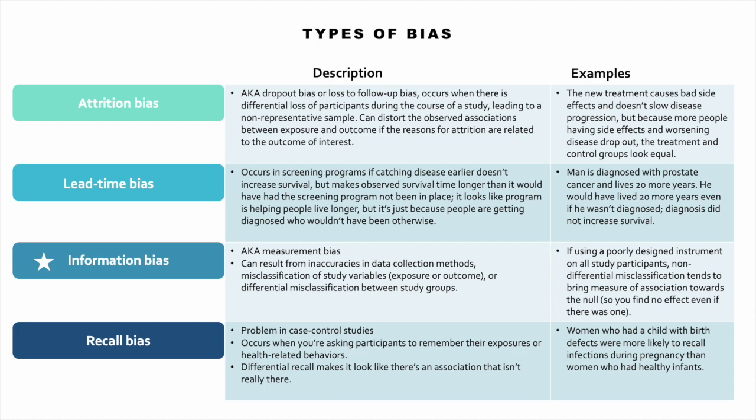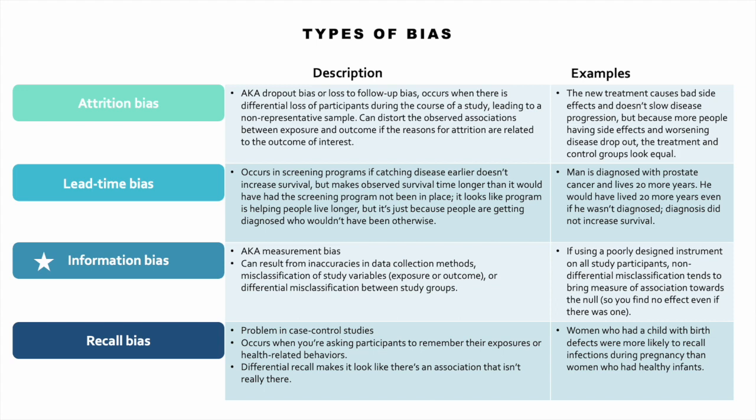Misclassification can be either differential or non-differential. Non-differential misclassification would happen if you used a poorly worded questionnaire for both cases and controls, so the data on both groups would not be accurate. Non-differential misclassification tends to wash out the difference. It brings the results closer to the null hypothesis.